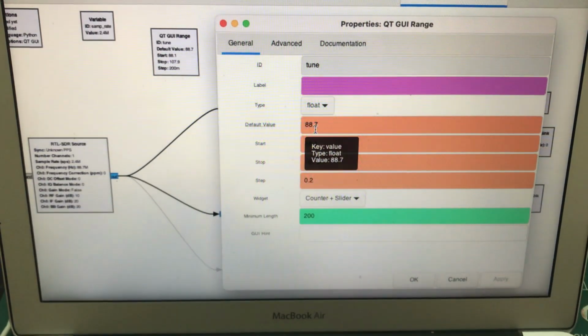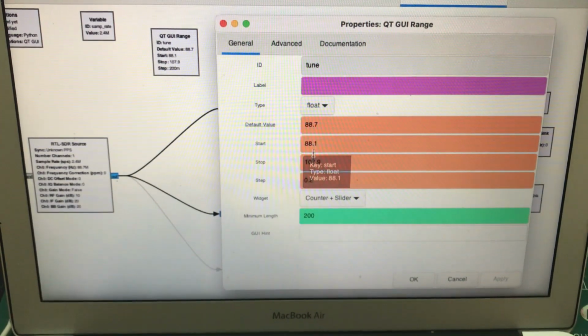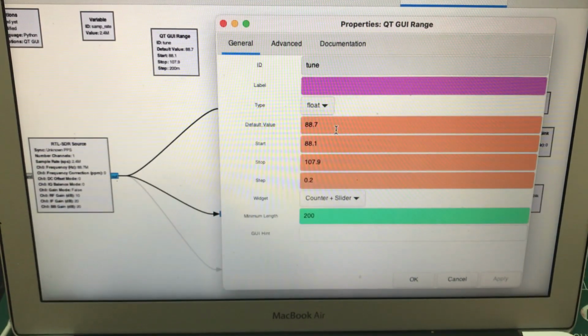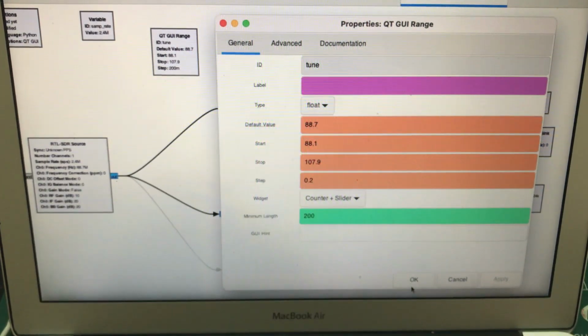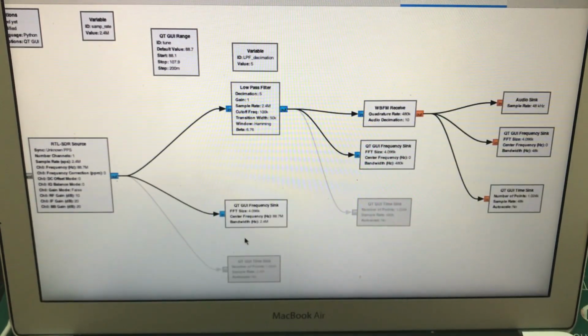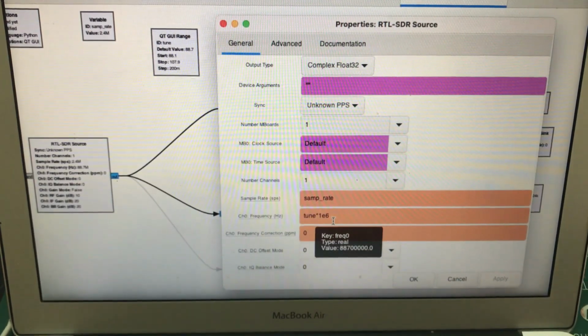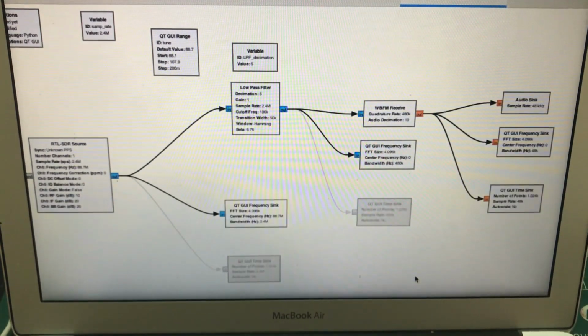I have chosen a default value of 88.1 all the way up to 107.9, with 200 kilohertz spacing. Those are the channels in FM, and that's it. If you look at it, this variable in the RTL-SDR dongle is simply being multiplied by 1 mega, so everything will automatically be in megahertz. Alright, so this is the first block of the graph.